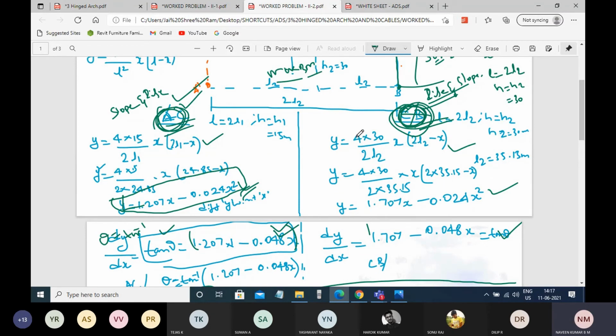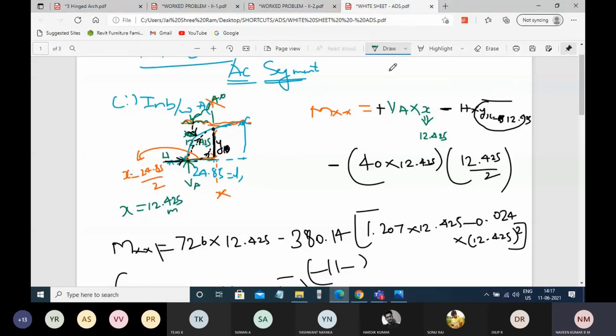The slope equation may not be required, but the rise equation you require for the CB segment also. So now we need to consider this particular equation in order to get the perpendicular distance for force H. It is around 0.707.